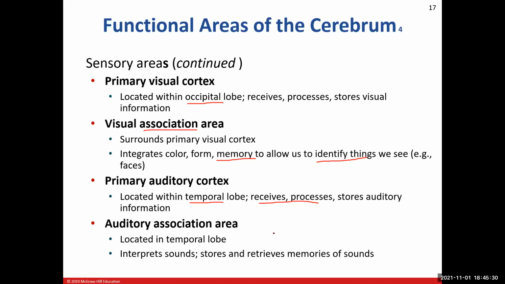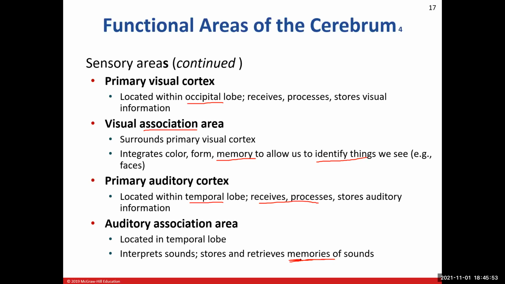And then with the help of the auditory association area, a perfect example is a song. If you hear a Taylor Swift song, I don't know why she jumped into my head. The first time you hear it, you start to form these memories.